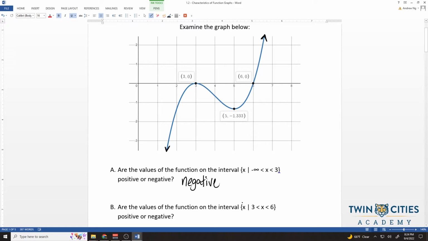Okay, what about 3 to 6? So x is 3 to x is 6. From 3, we're going down under the x-axis and then coming back up, but to that (6, 0) point, all of these values are also negative.